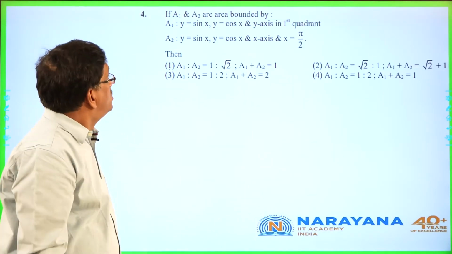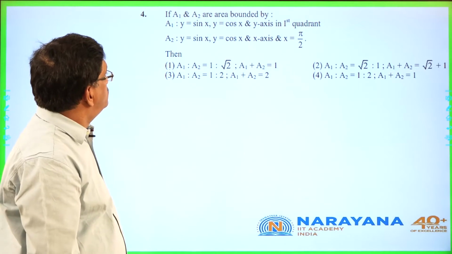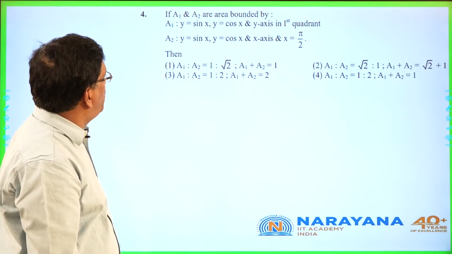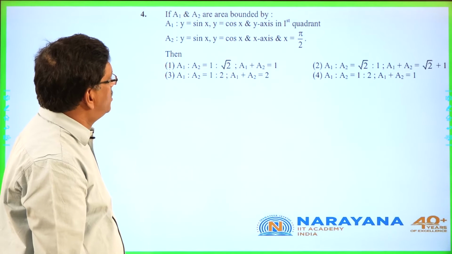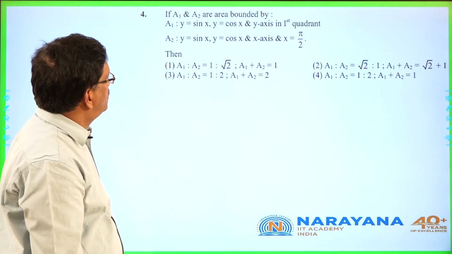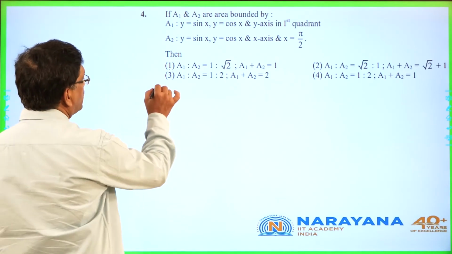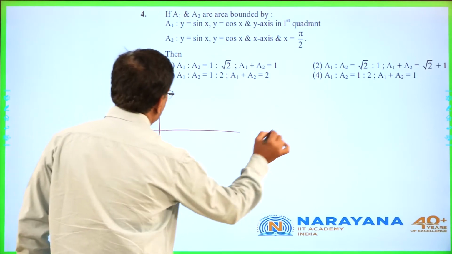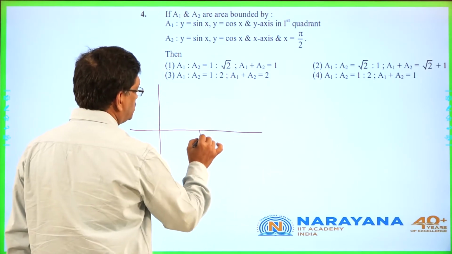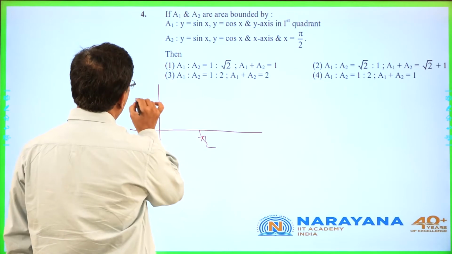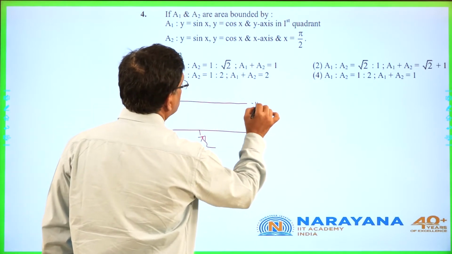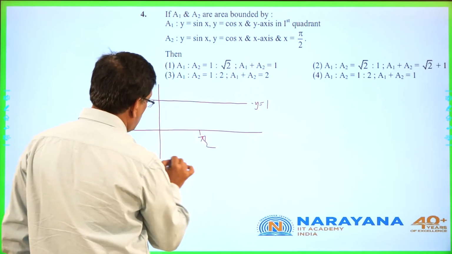A1 is the area bounded by y equal to sin x, y equal to cos x and y axis. Let us draw the diagram up to pi by 2. This is y equals 1.